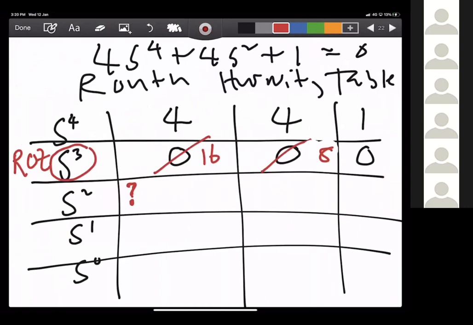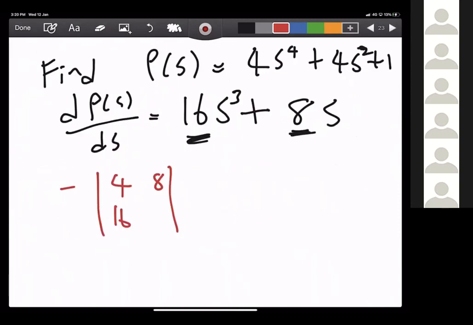Terbalik, Doktor. 4, 4, 16, 8, over 16, equal to 2.